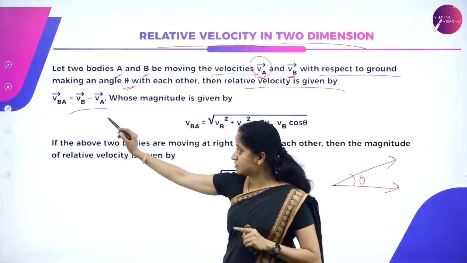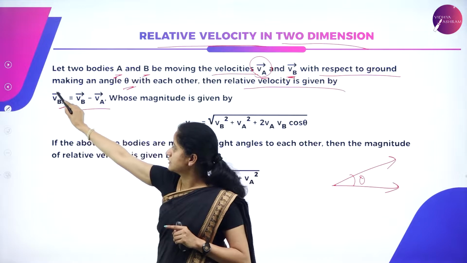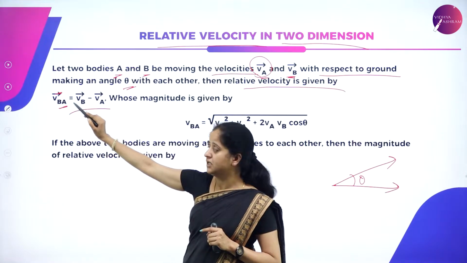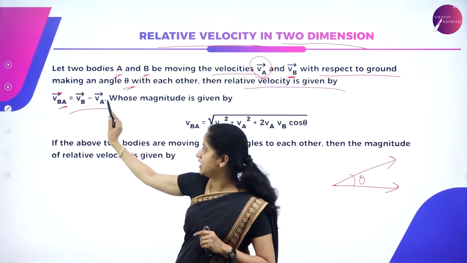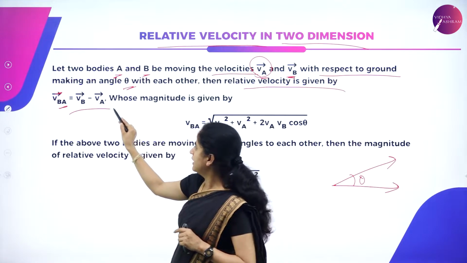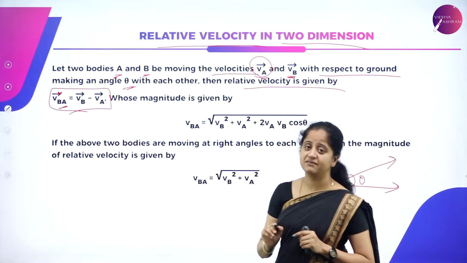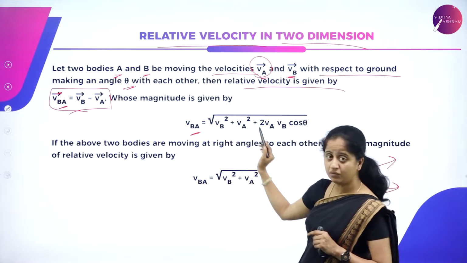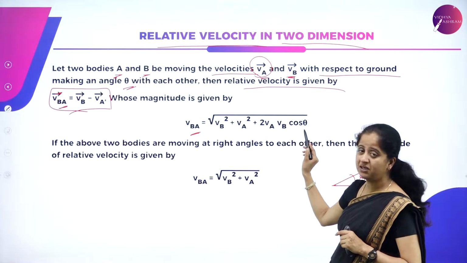So VBA is also nothing but a vector, the relative velocity vector, so it is denoted by a vector sign. Since these two bodies are moving with certain velocities VB and VA, we have to represent them in vector form. Its magnitude is given by VBA = root of (VB square plus VA square plus 2 VA VB cos theta).